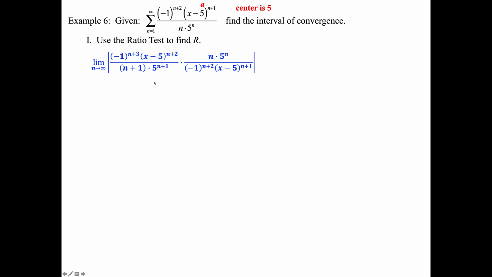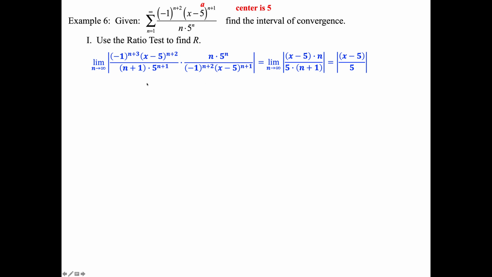All right, so lots of things to look at here. Here, my x minus 5 to the n plus 2 will become n plus 1 times an extra binomial x minus 5. The 5 to the n plus 1, I'm going to change that to 5 to the n times 5. So that cancels out the 5 to the n, leaves the 5 down here.